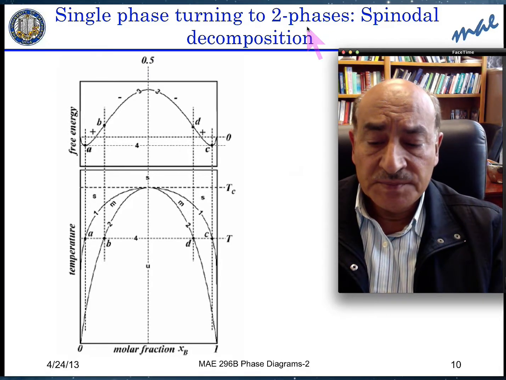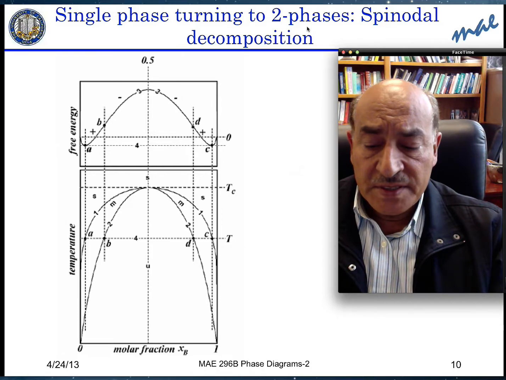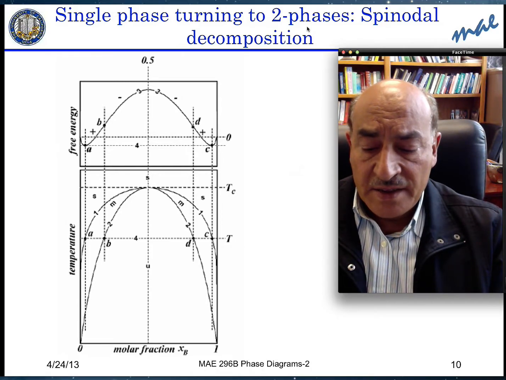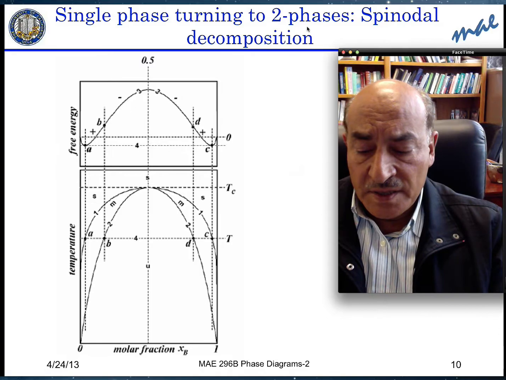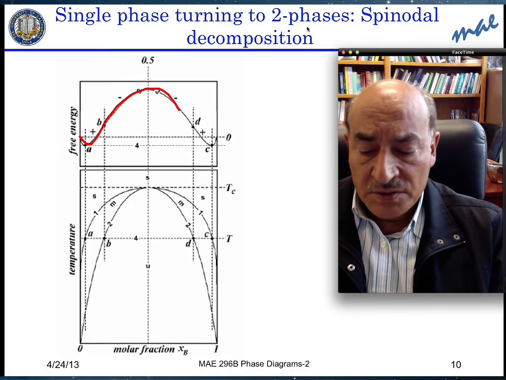For the condition that we discussed for the previous equation, I now have a graph for the Gibbs energy like so. It's exaggerated a little bit here, and the curvature is negative here and positive here.